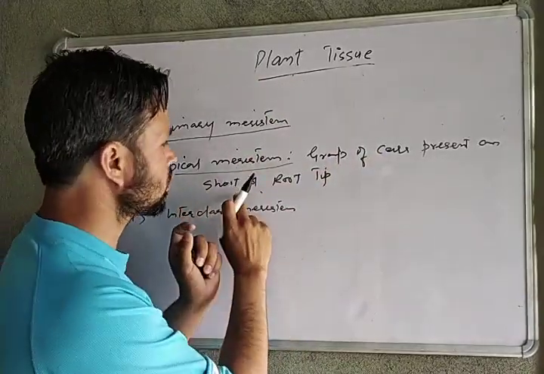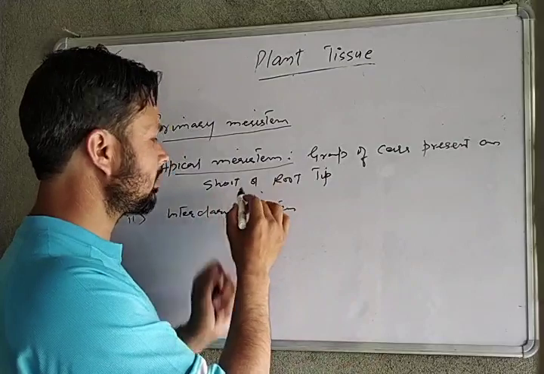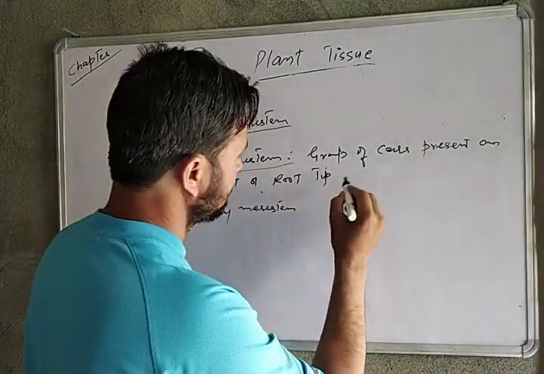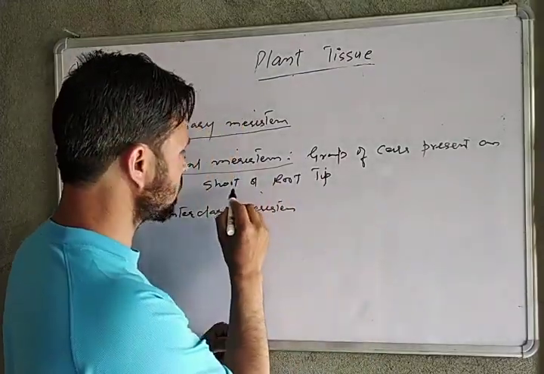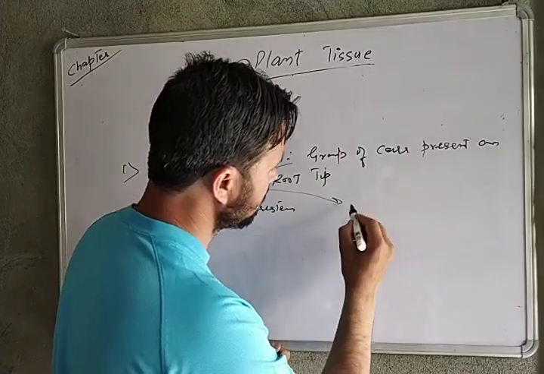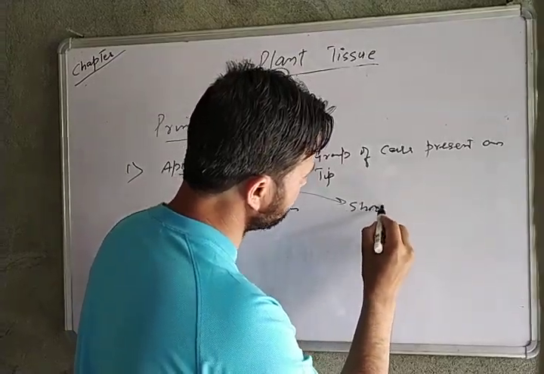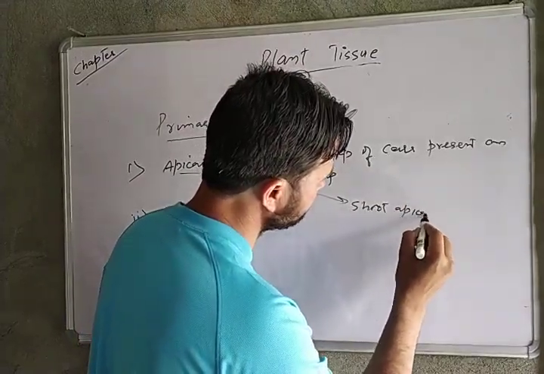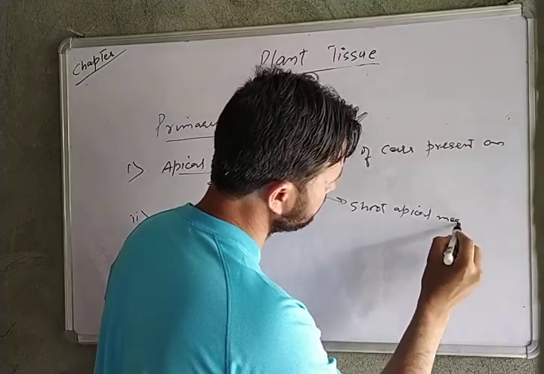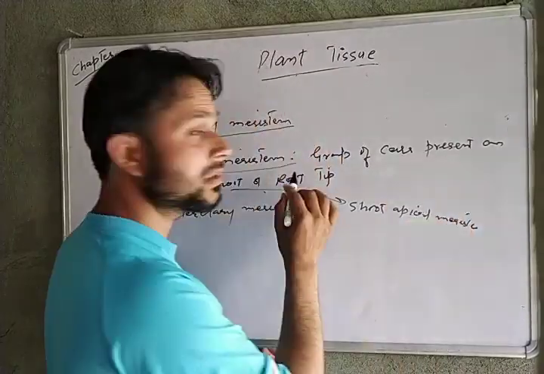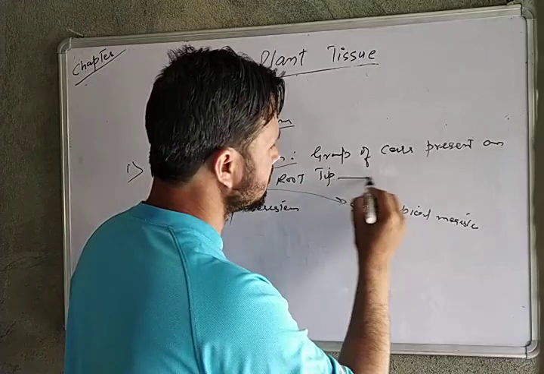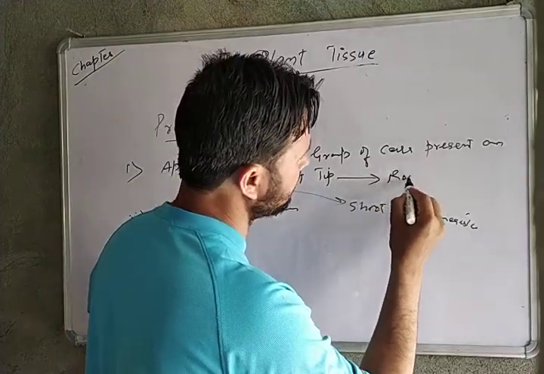So we call it shoot and root tip. If they are present on the shoot, we can say shoot apical meristem. And if the cells are present on the root, this is called root apical meristem.